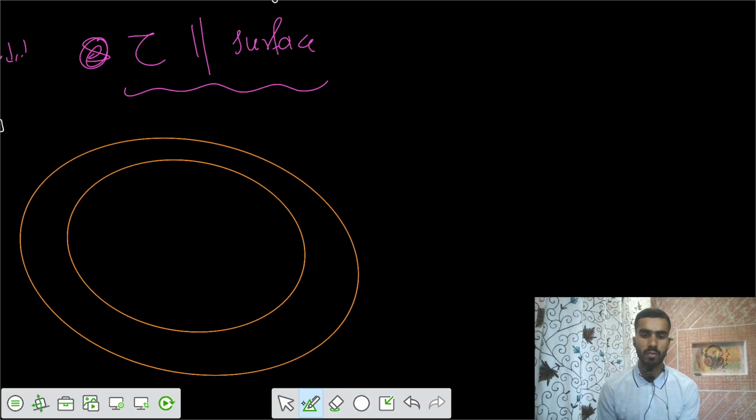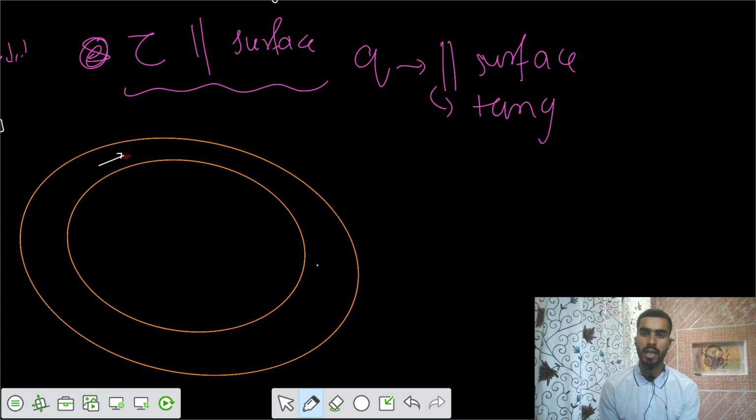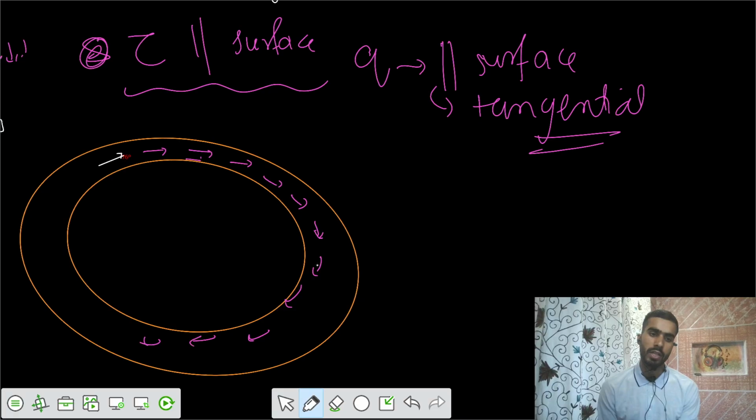Let's say this is your thin walled circular section, and how should the shear flow variation be? I would say shear flow is parallel to the surface. For the circular member, we can say that is tangential to the surface. If you draw a tangent at every point on the surface, I would say this is the shear flow variation in the thin walled circular members.